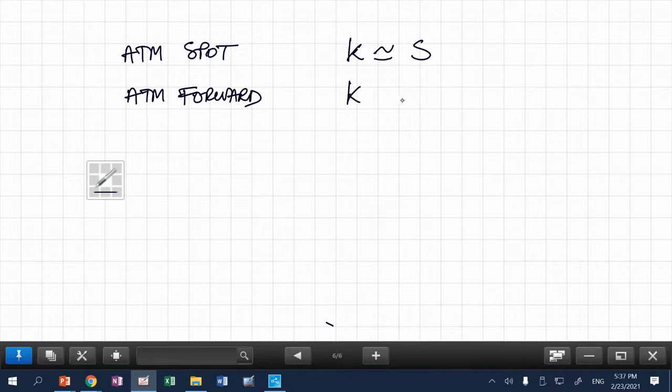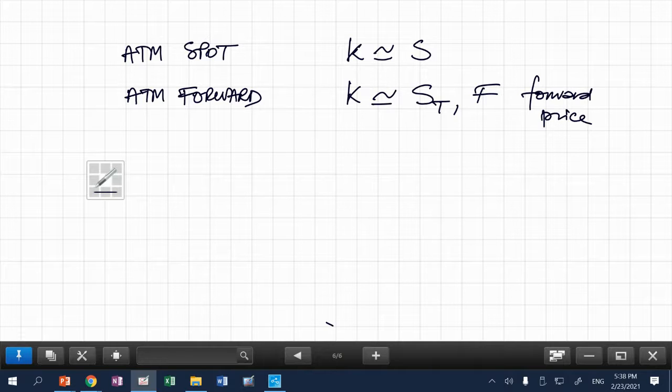An option is at the money forward when the strike is close to the forward price. So an ST or an F is a future price depending on how you want to label that, but when the strike is close to the forward price.